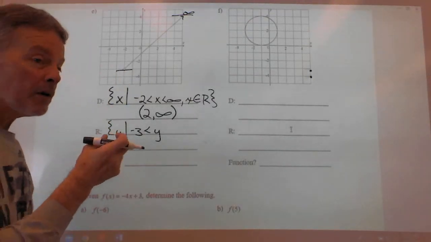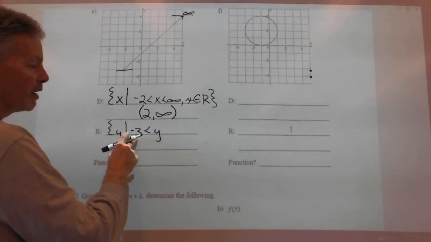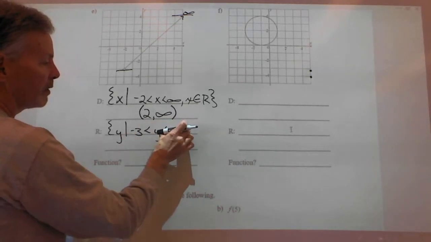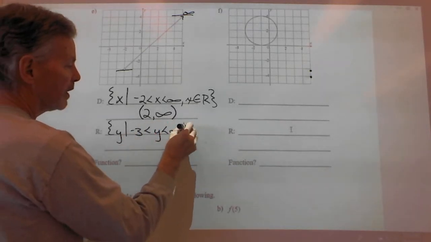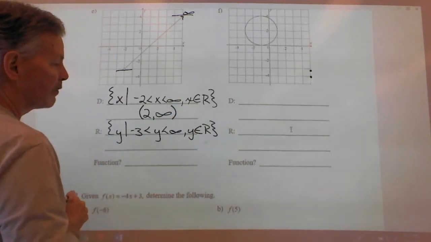It's almost there, but not quite. So y has to be greater than -3, not greater than or equal to, and the maximum value is infinity, and y is an element of the set of reals.